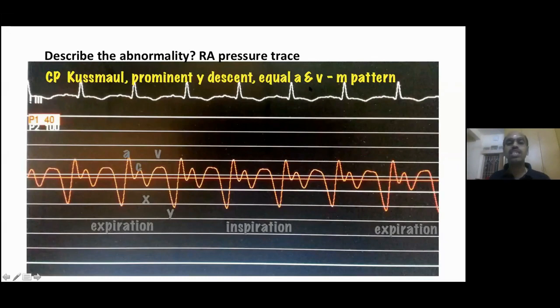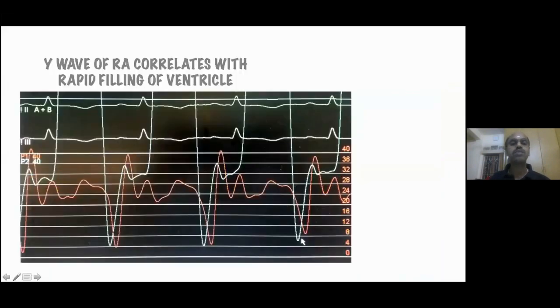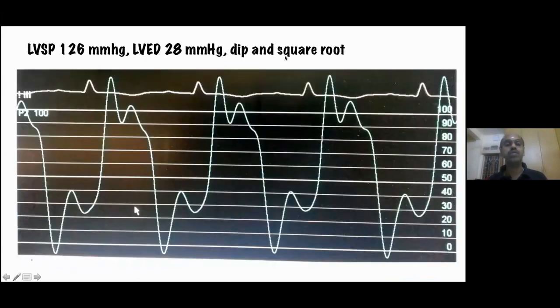So this results in RA A and V becoming equal, and this gives what is called the M pattern. The deep Y descent is correlated with the steep filling of the ventricle only when the tricuspid valve opens. So there is an abrupt fall in the RA pressure during the Y wave, and that is the reason why Y descent is very steep.